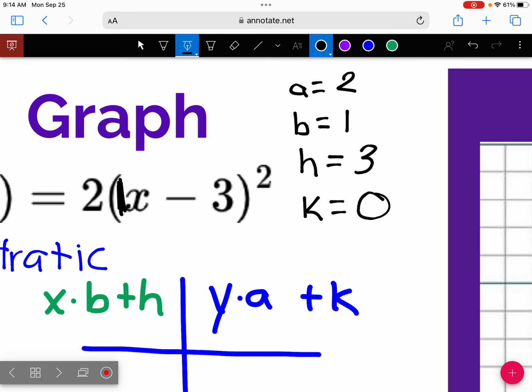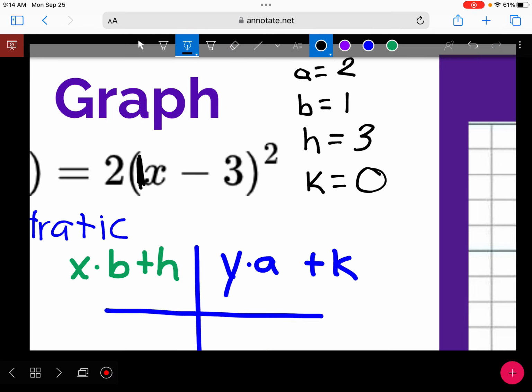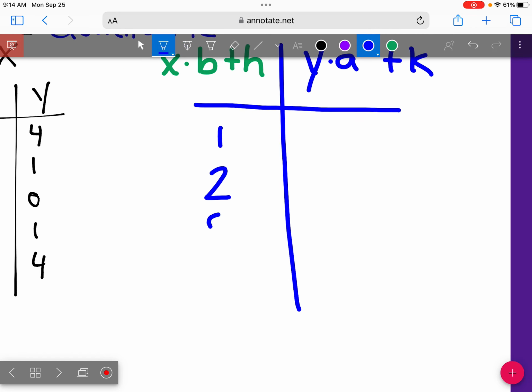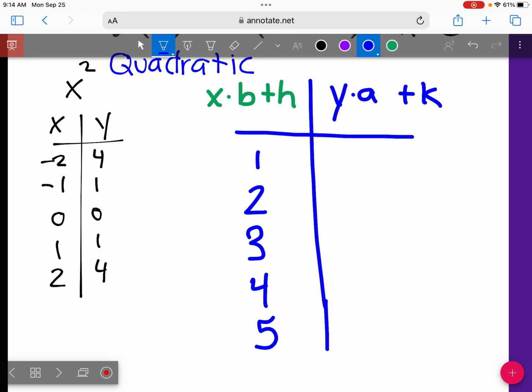So I'm taking my X's from this column times my B plus H. In this case, we're going times 1 plus 3, which is going to give us 1, 2, 3, 4, and 5, because I took negative 2 times 1, negative 2, plus 3. Negative 1 times 1 plus 3.